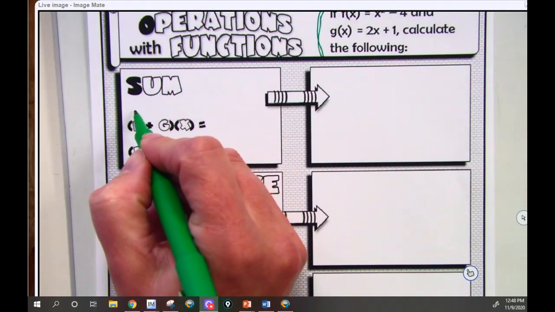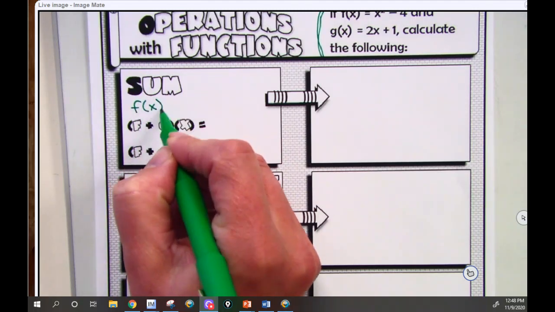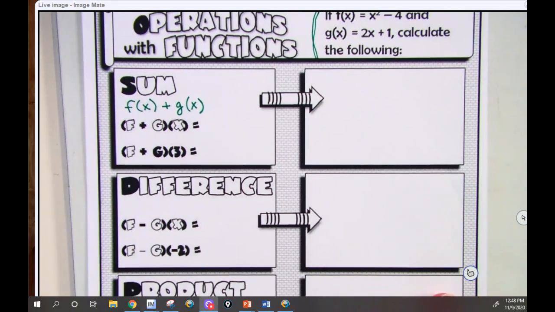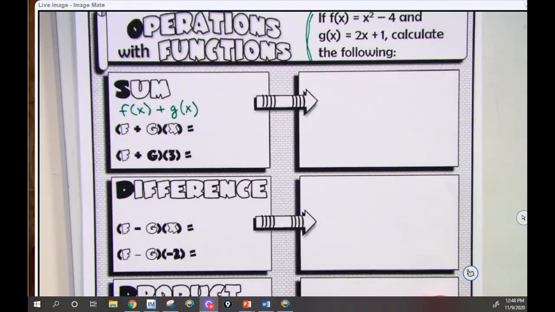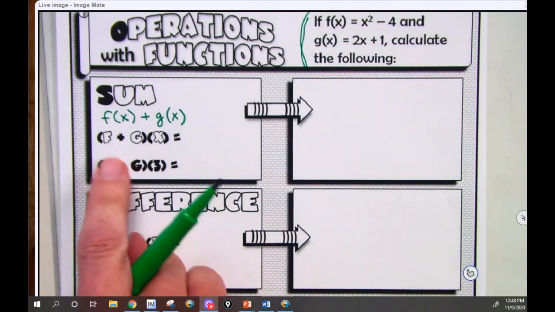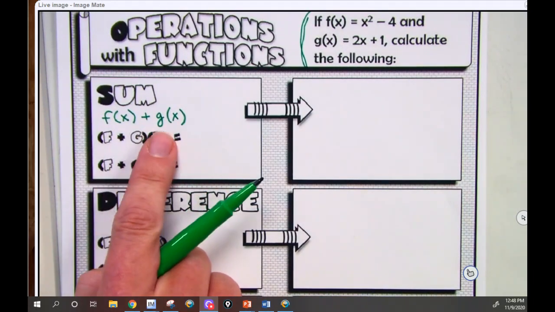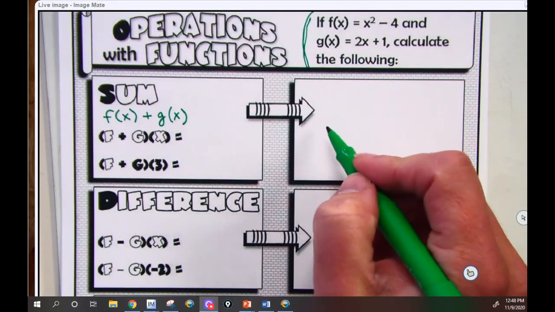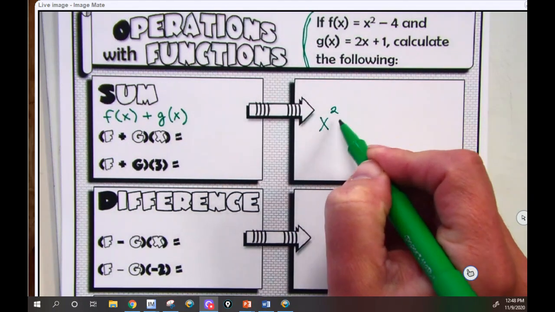And all that means is f of x plus g of x. That we're used to seeing, right? Now that I know f plus g of x means f of x plus g of x, I can look at my functions up here. Here is f of x.